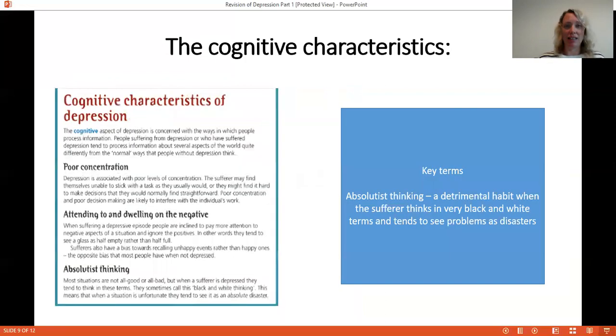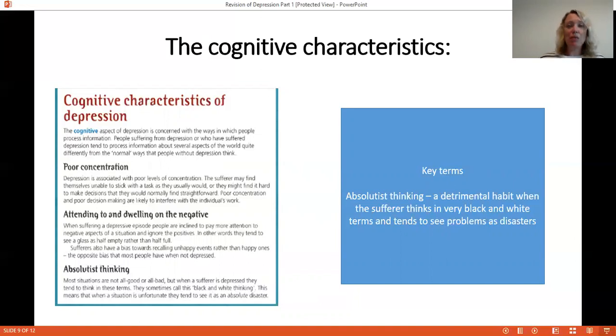And then finally, we've got the cognitive characteristics of depression. So again here, think in a group of three. These are all about the way we process information, cognitive to do with thinking. So people who suffer from depression tend to have poor levels of concentration, okay?